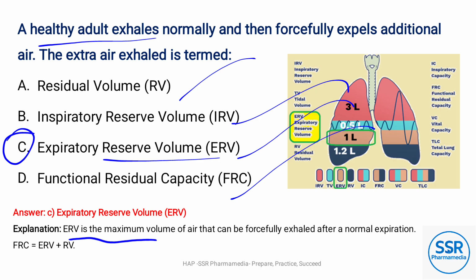Expiratory reserve volume is the maximum volume of air that can be forcefully exhaled after a normal expiration. That means functional residual capacity is equal to expiratory reserve volume plus residual volume.